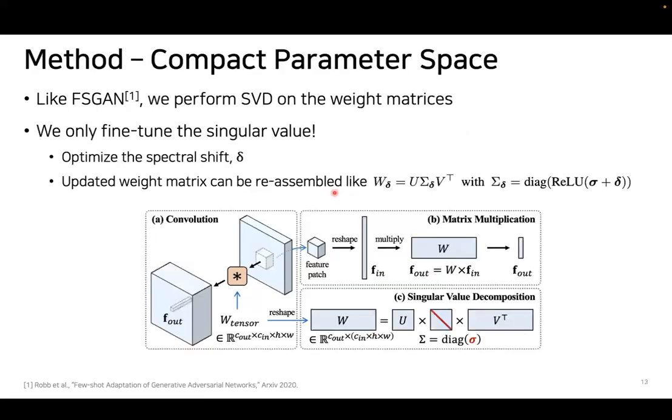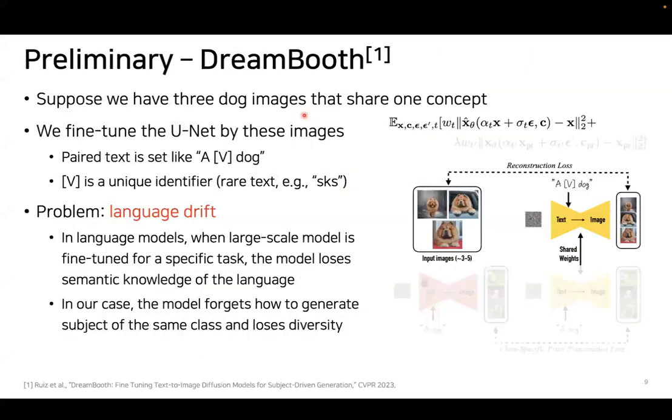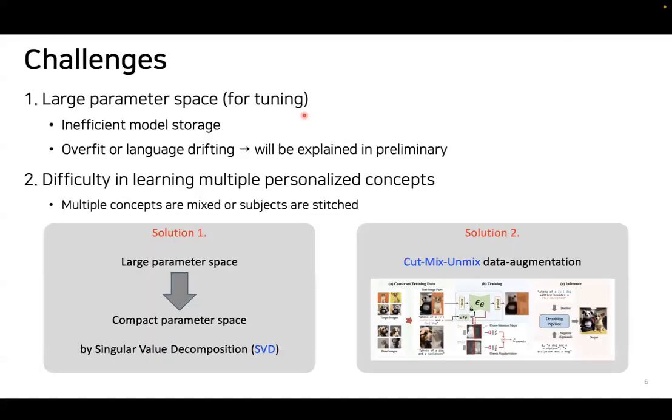Okay, now finally, we can discuss the original paper. Method one is for a compact parameter space. Maybe you can remember that. One challenge is the large parameter space, and we want to make it a compact parameter space.